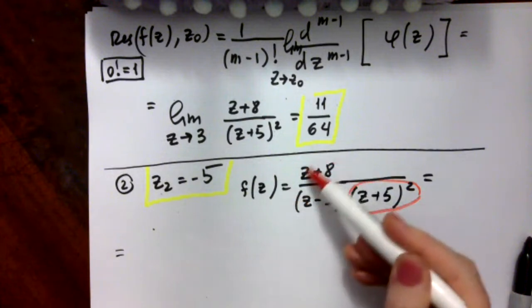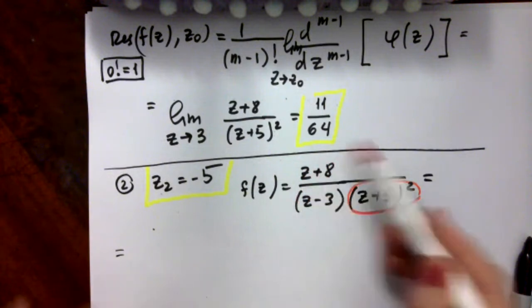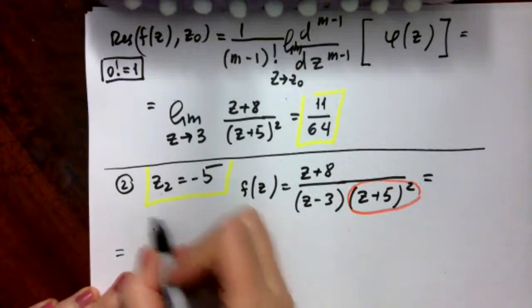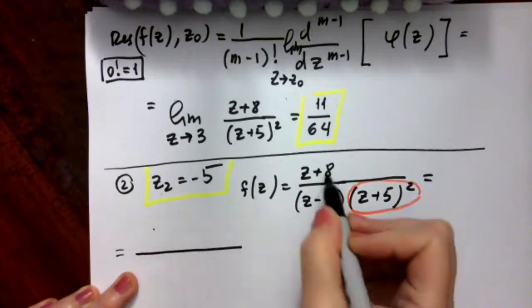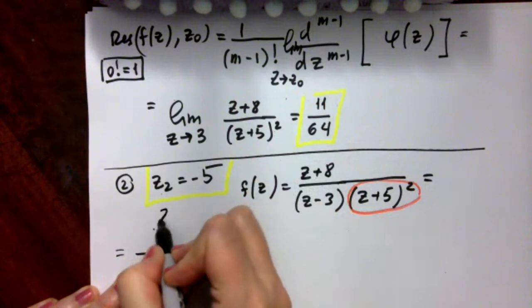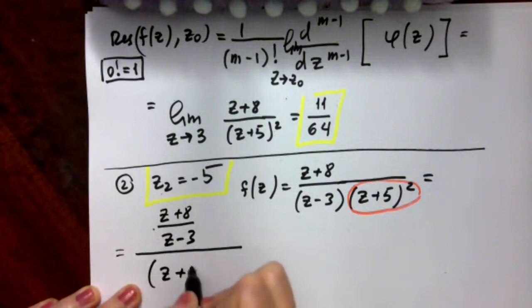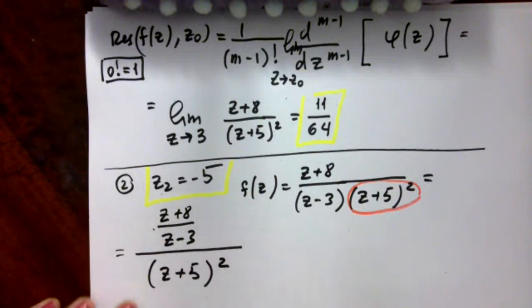And that is why all the rest of this expression could be viewed as phi of z. I can move it to the denominator of this fraction. So let me write it in this way. This expression will be on top, the denominator z minus 3, and this guy, (z plus 5) squared, will be left in the denominator.